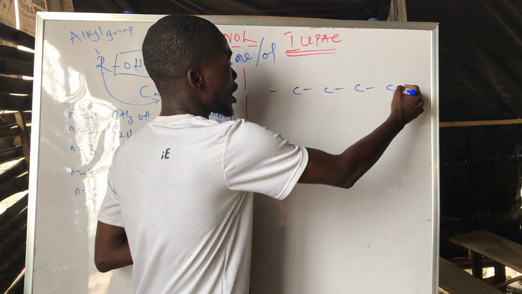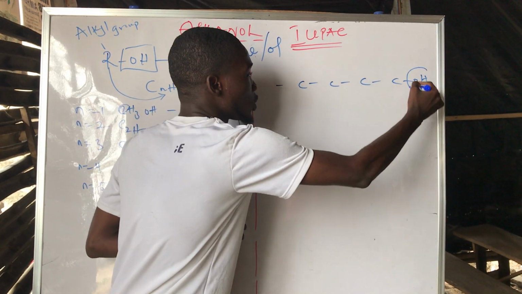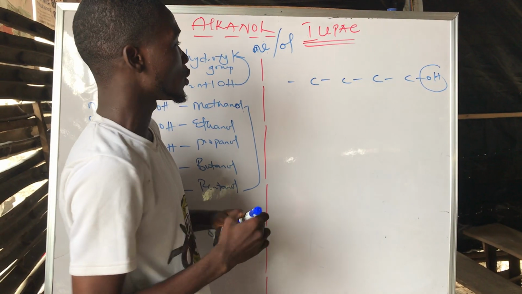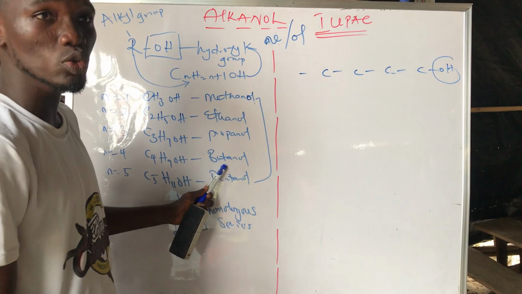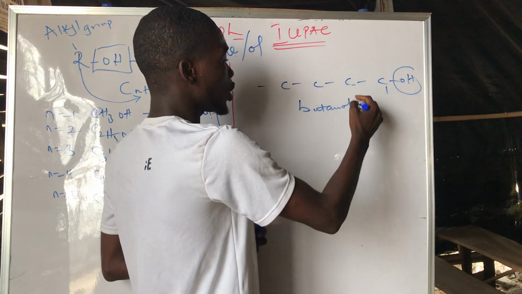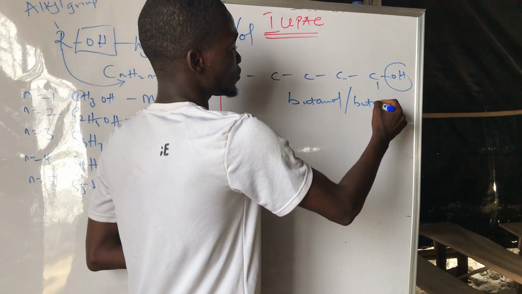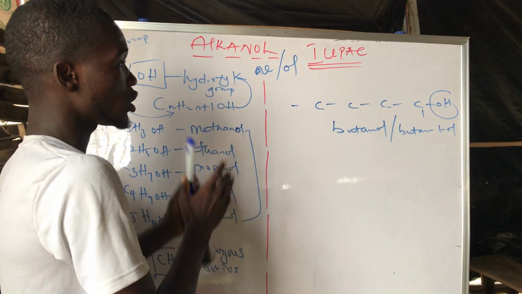So if you have this and our OH is attached to it, don't forget that the OH is what? Your alkanol. So now look at the 4 carbon atoms. 1, 2, 3, 4. 4 is what? Butanol. And the one here we call it what? Butan-1-ol. That is for the alkanol.